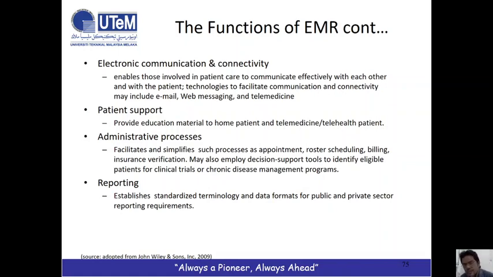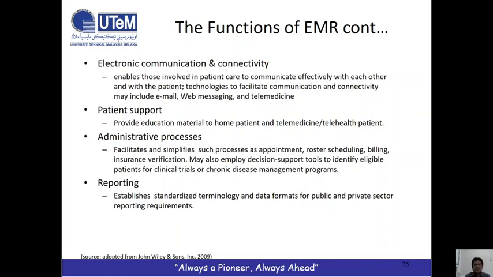So when we talk about the EMR, it's not only the data. That's why I started this subject with an introduction to the key applications or key systems in the healthcare information system, like the patient management system, clinical information system, LRS, and so on.